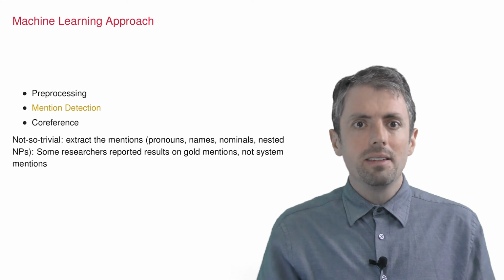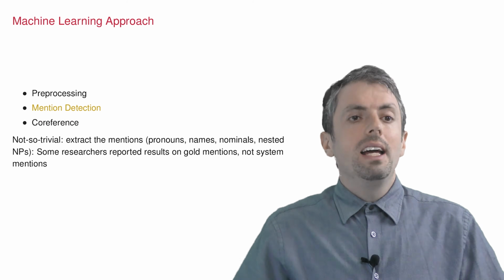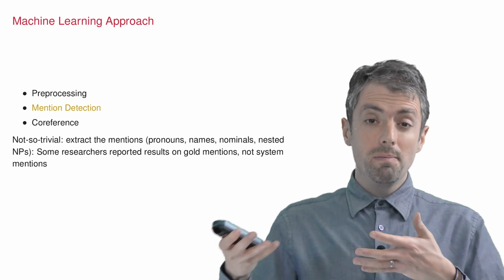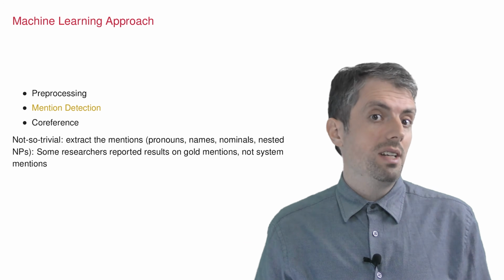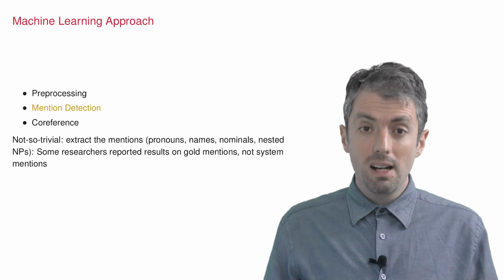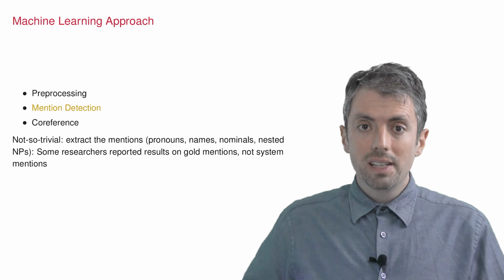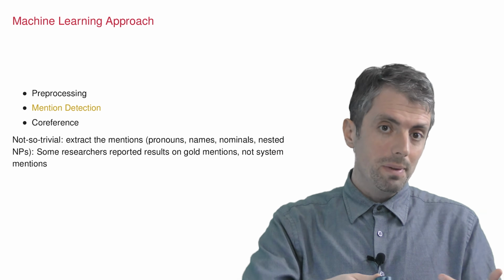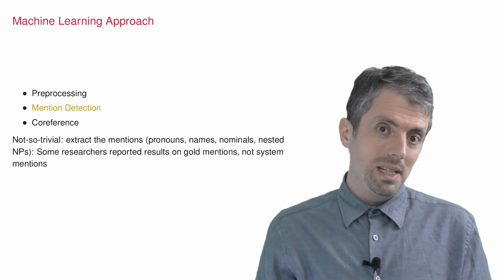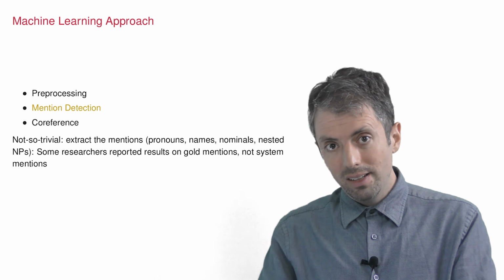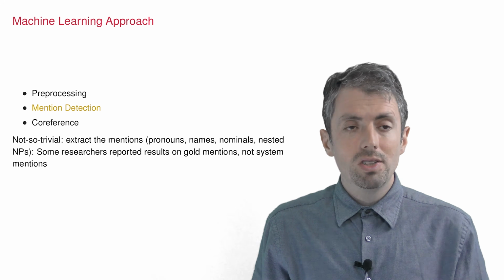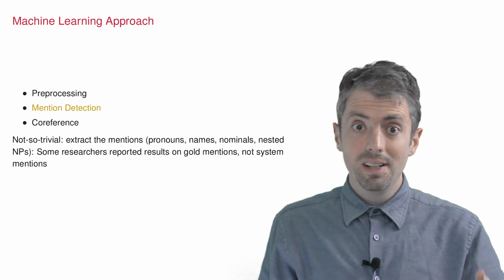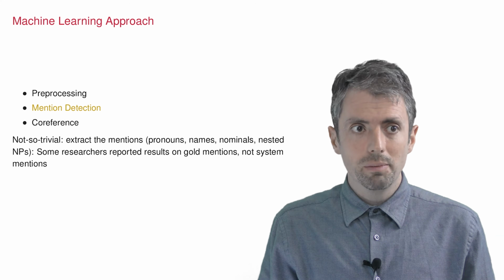And that's not to say that the researchers did anything wrong, but if you're trying to compare what you would get in the wild on data where you don't have gold mention annotations, the numbers wouldn't be comparable. And in those cases, the rule-based systems tended to beat the machine learning systems, which were more fragile once you had the messy mention detections that came from other upstream machine learning systems.